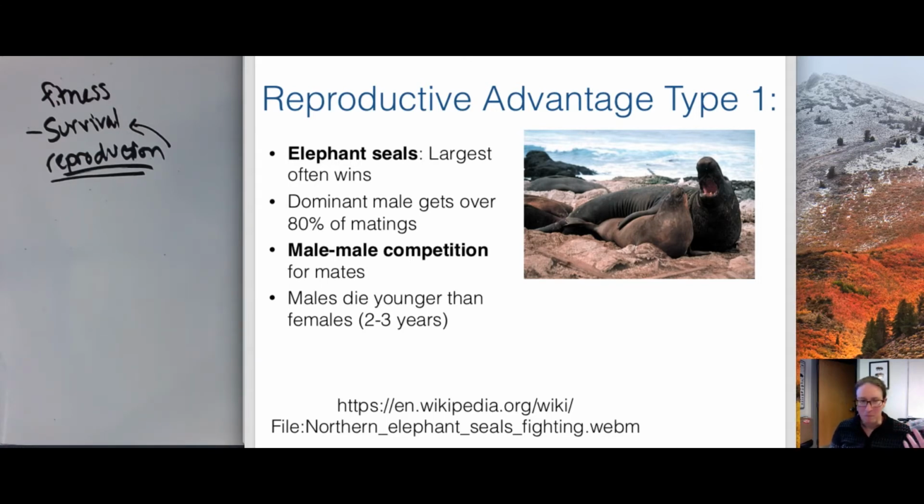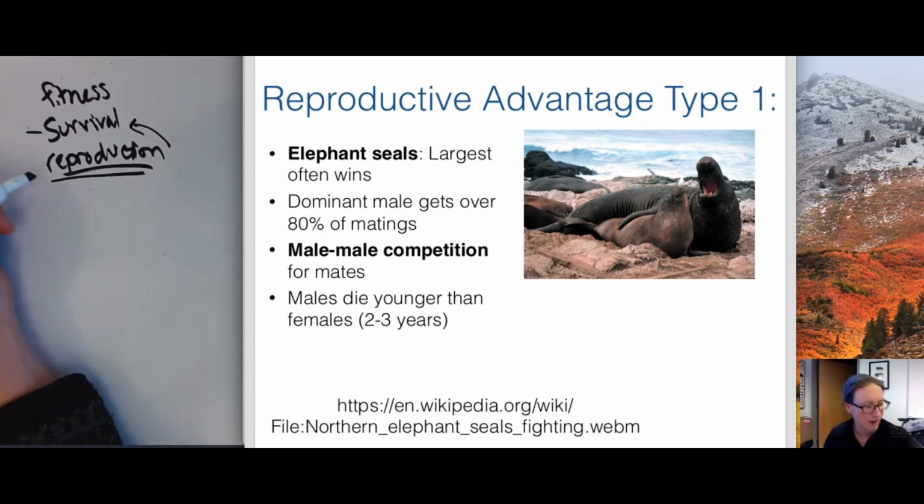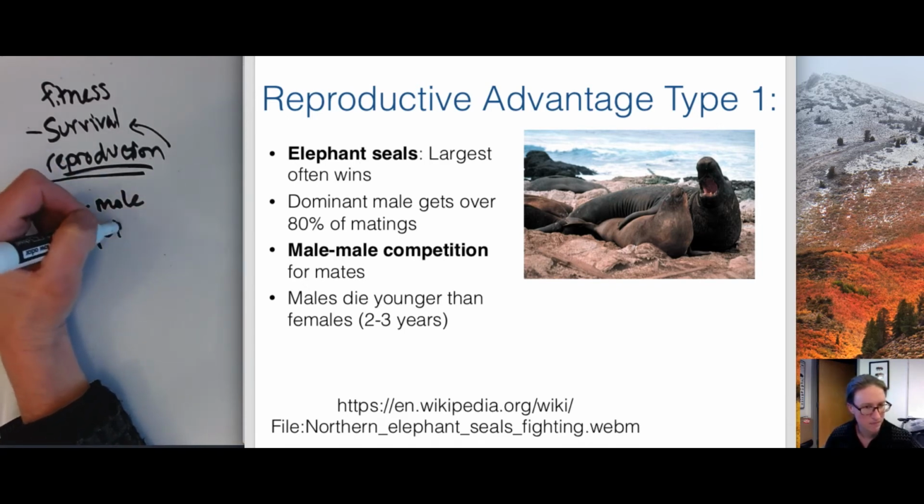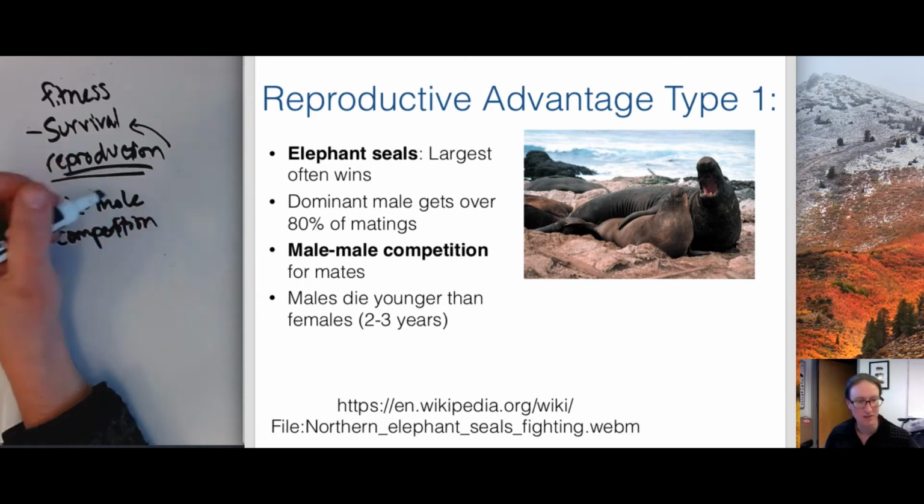Okay, so in this situation, basically the largest elephant seal male is the one that tends to win, and that dominant male usually gets over 80% of the matings in an elephant seal colony. So this is one type of reproductive advantage that might exist that we refer to as male-male competition for mates.